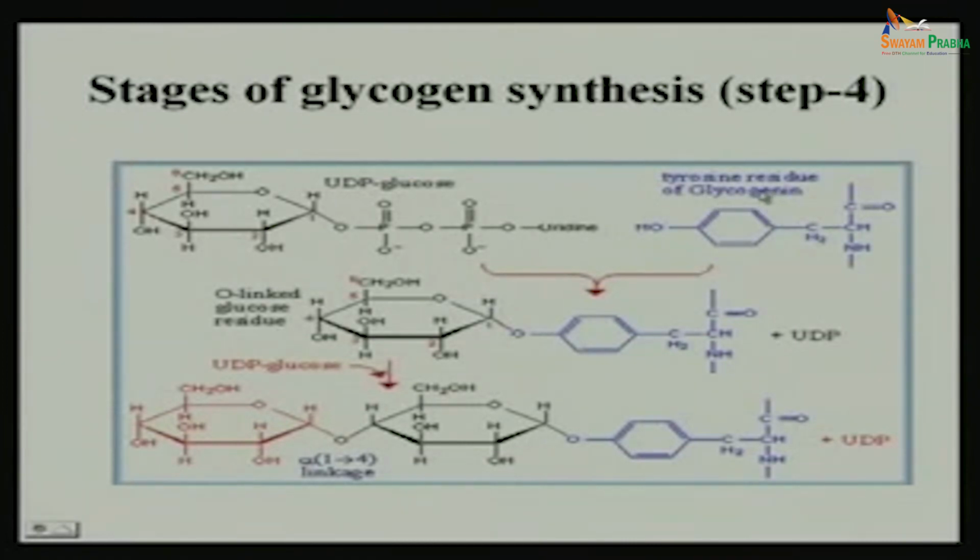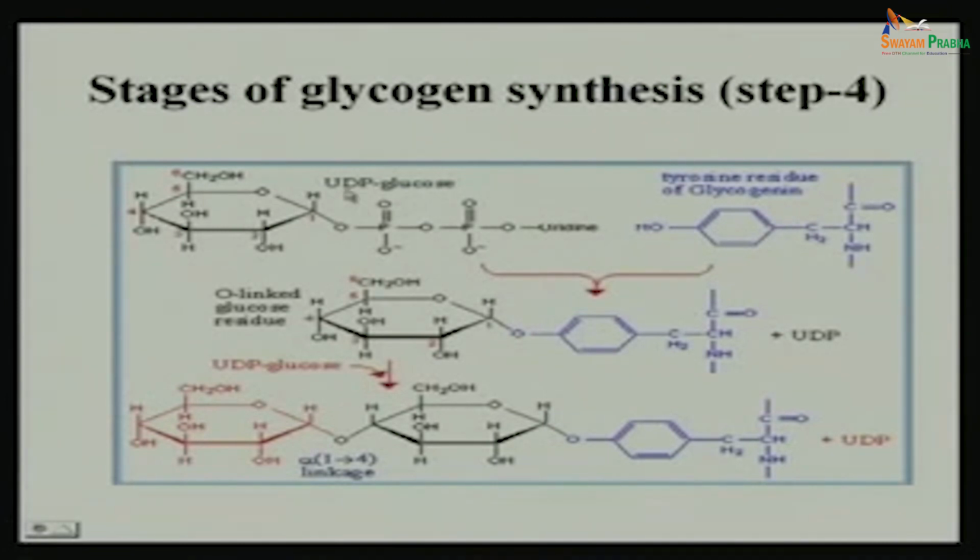If we see the structure of glycogenin protein, we will find that this protein has one tyrosine residue, and we know that one aromatic ring and one hydroxyl group are there with this tyrosine.